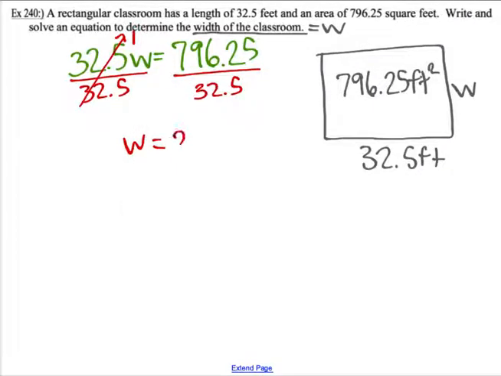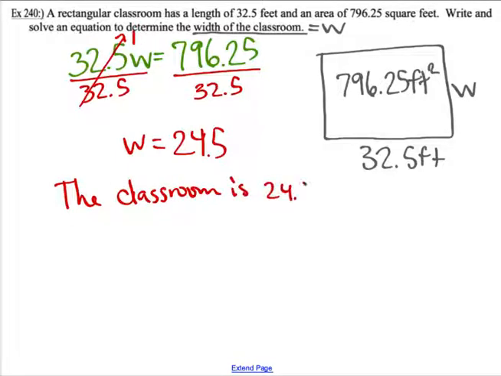So it equals 24.5. Now we need to answer this with a simple sentence. 24.5 is the answer. That means feet. So we would say the classroom is 24.5 feet wide. And that would be our complete sentence that answers the question.